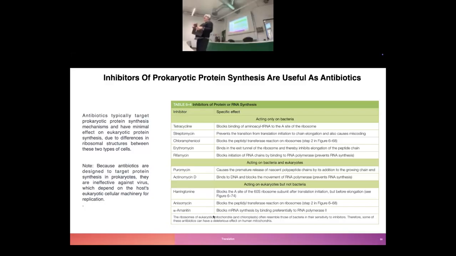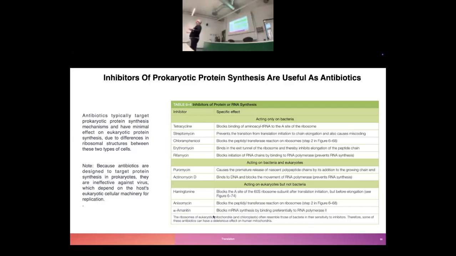With respect to clinics, you probably already know it, but when it comes to antibiotics, the target of the antibiotics is the translation process, and the target is the ribosomes of prokaryotes. Evolution used those antibiotics that are produced by microorganisms just for the equilibrium between microorganisms, and we use them to our own benefit to fight against bacterial infection.